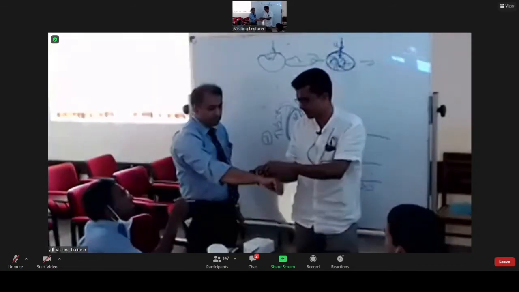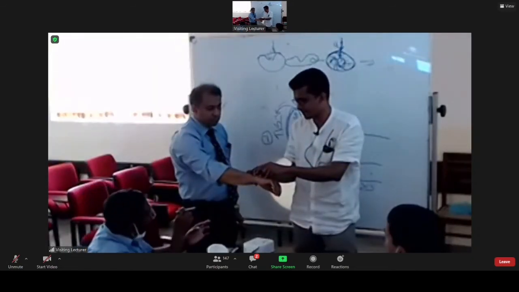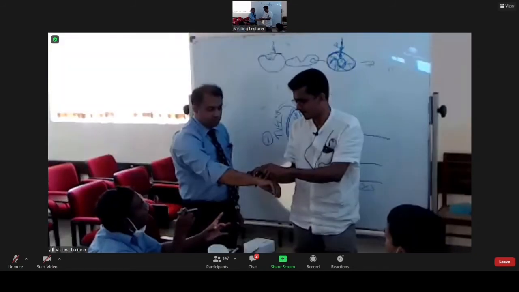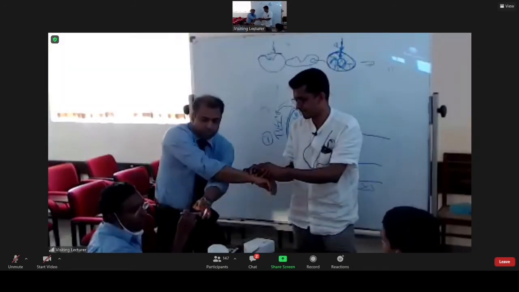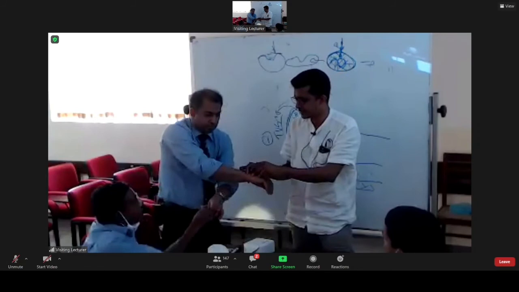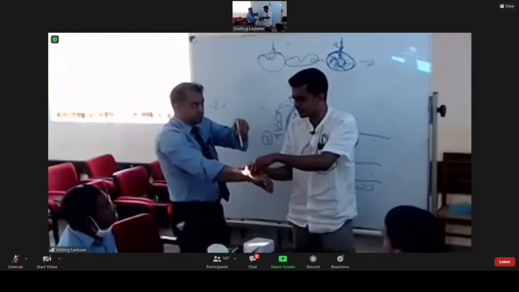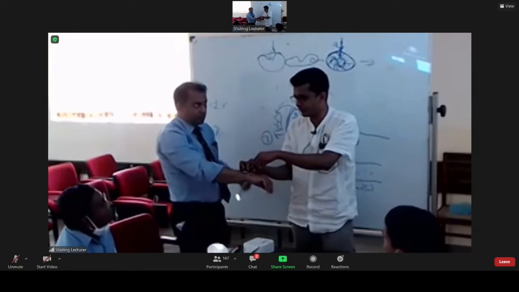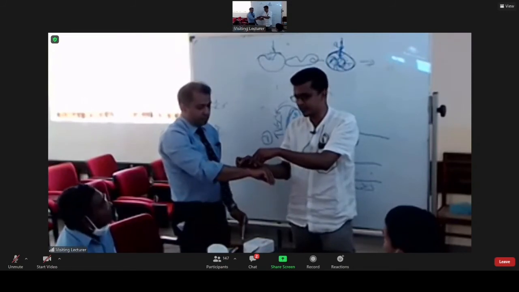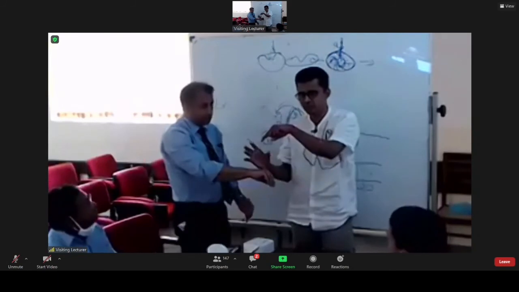If it is too small, you can use thumb and index finger. A little bigger, thumb and middle finger, likewise. Then you apply pressure on top of the lump like this. If it is expandable, you will feel and see that the fingers are moving on either side.